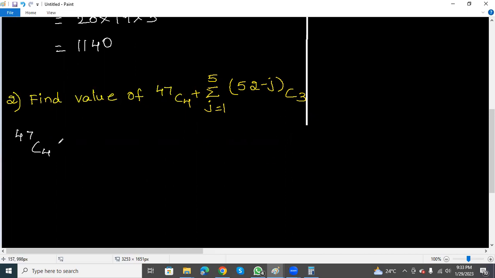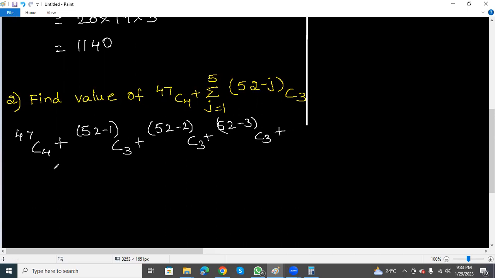47C4 plus, first we will put j value as 1: 52 minus 1, C3, plus 52 minus 2, C3, plus 52 minus 3, C3, plus 52 minus 4, C3, plus 52 minus 5, C3.